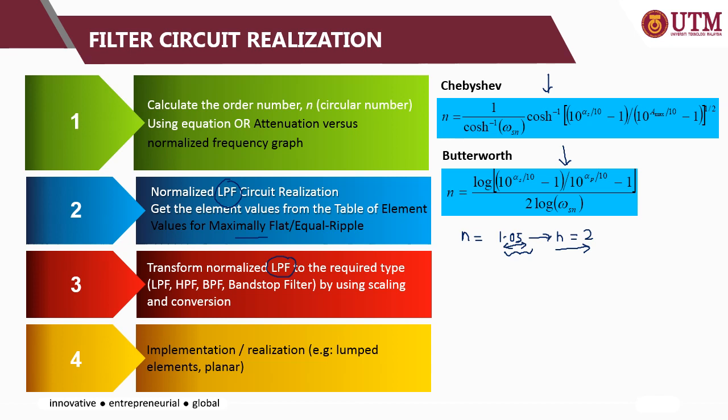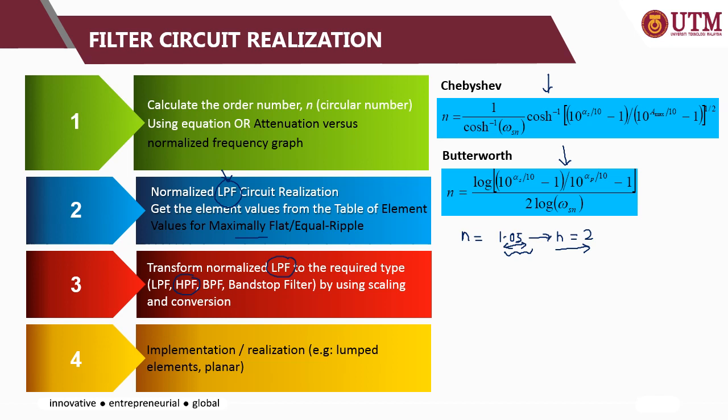For example, from the second step, you will get the low pass filter design. In this course, the normalized circuit is basically for a low pass filter. Then to get a high pass filter, for example, you need to perform a circuit transformation.